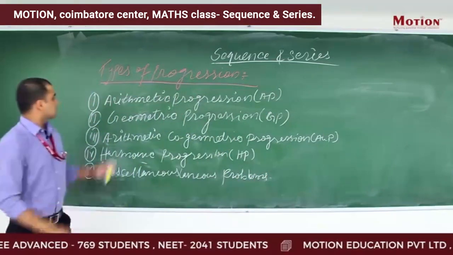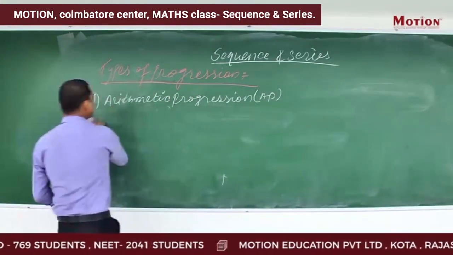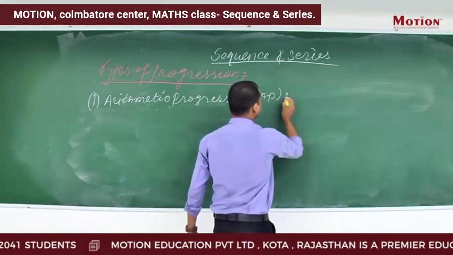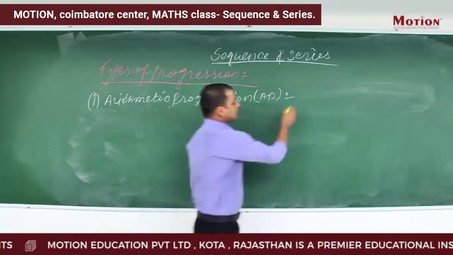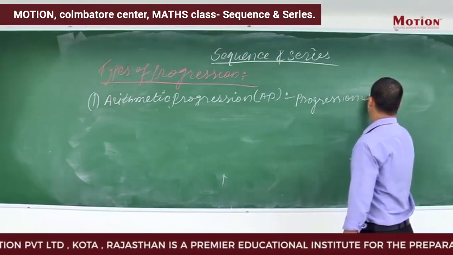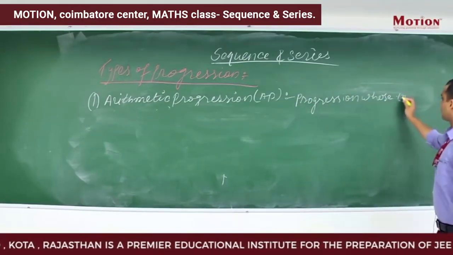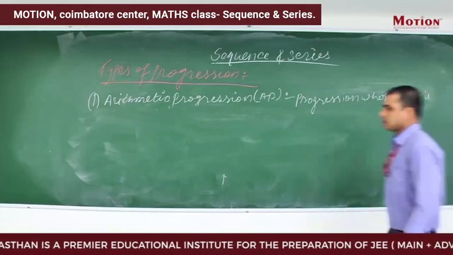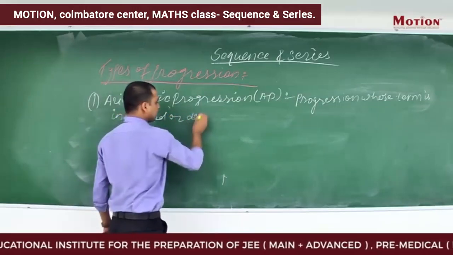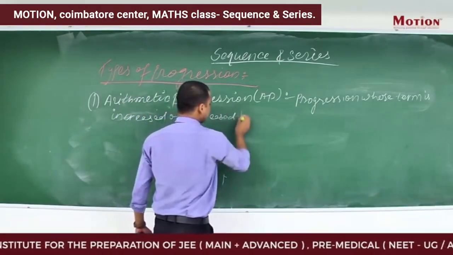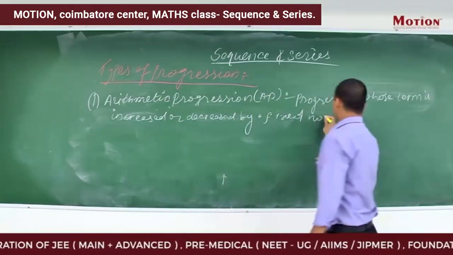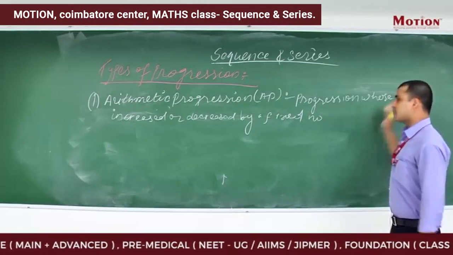So first of all I will discuss arithmetic progression. So what is called arithmetic progression? A progression whose term is increased or decreased by a fixed number.